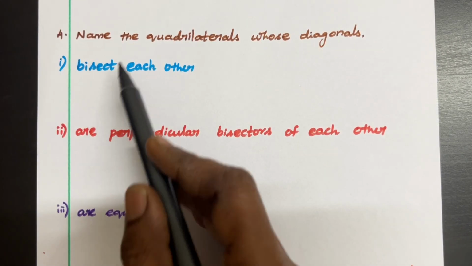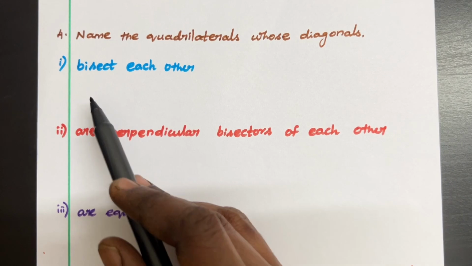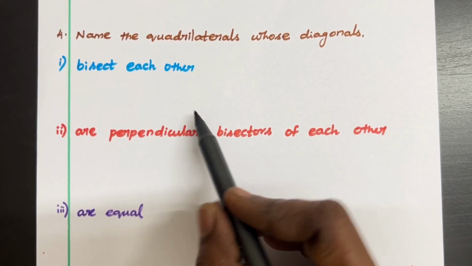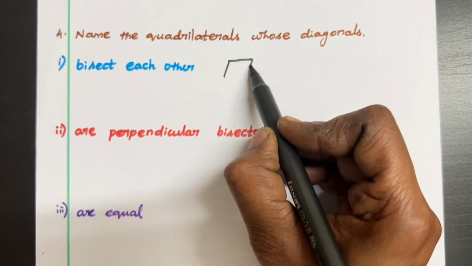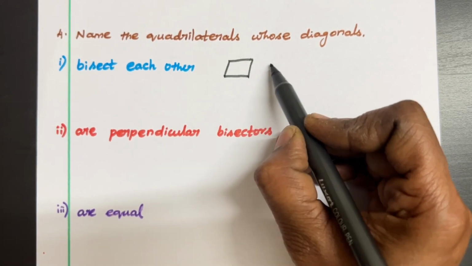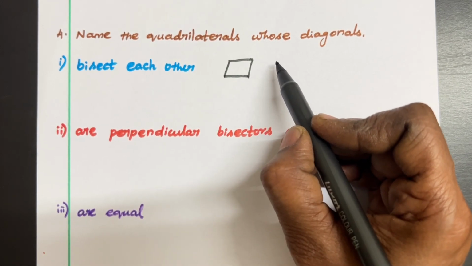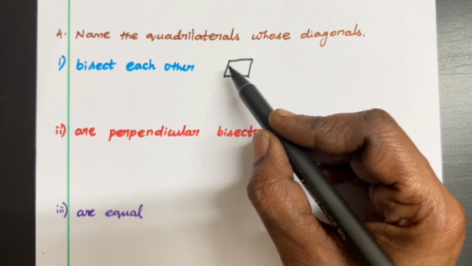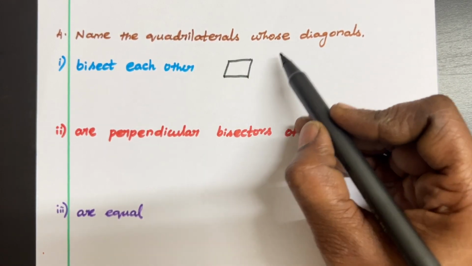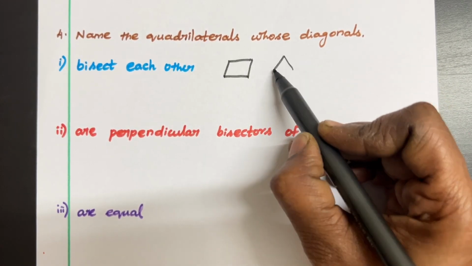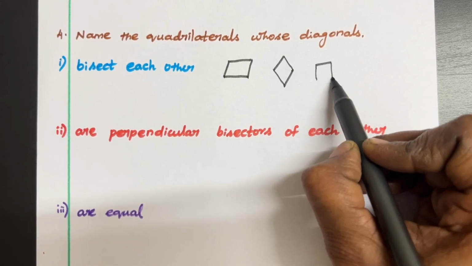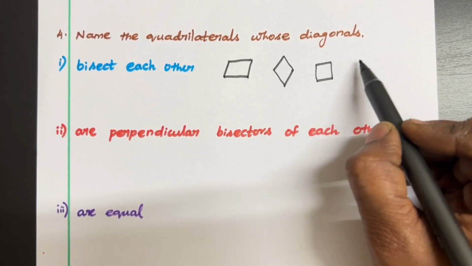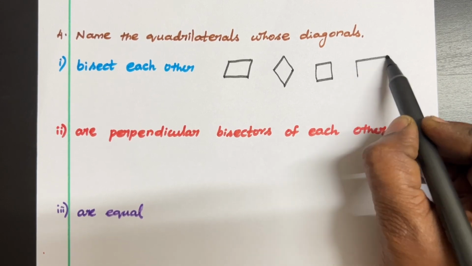Fourth question, name the quadrilaterals whose diagonals bisect each other. Bisect means it cuts exactly into two pieces. That is called bisecting. So bisect each other. In a parallelogram, the diagonals bisect each other. For the rhombus also, the diagonals bisect each other. And similarly, for the square, and for the rectangle also.